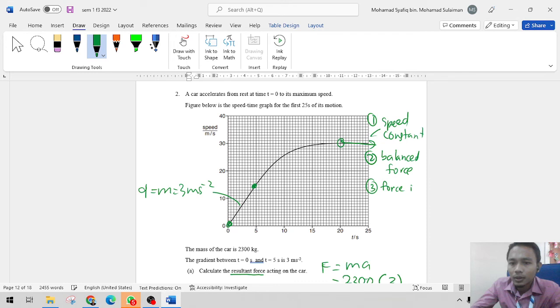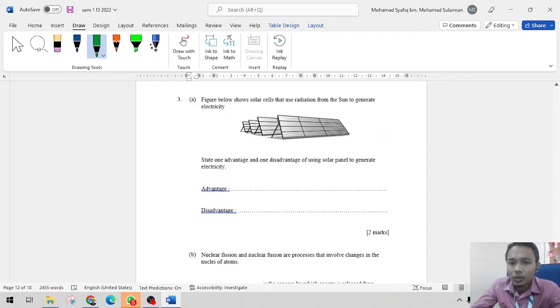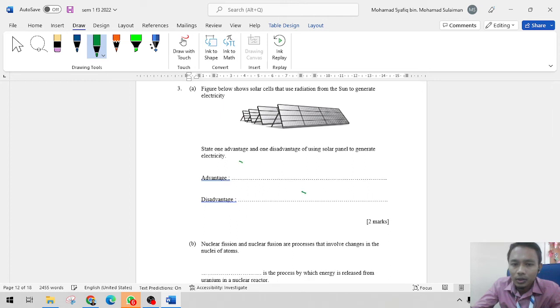Right, number 3. So solar cell. So advantage and disadvantage. Advantage can be it is direct current, renewable. Okay.